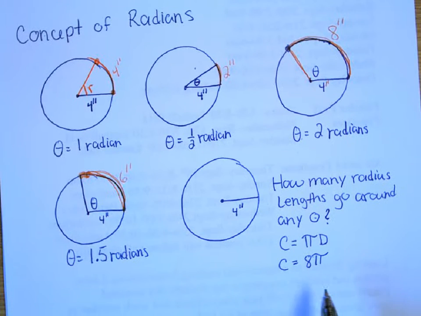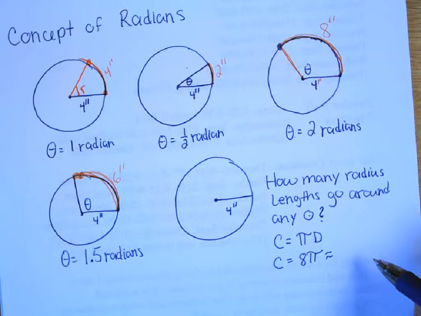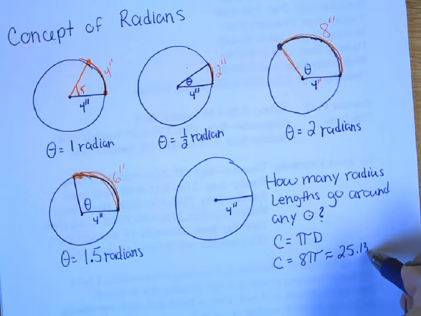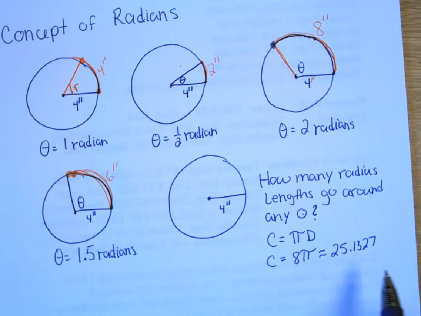Okay. So what's pi times 8? 25.132740123. Okay, but it keeps going on and on. How do I find out how many radius lengths there are around there then? Divide by 4.